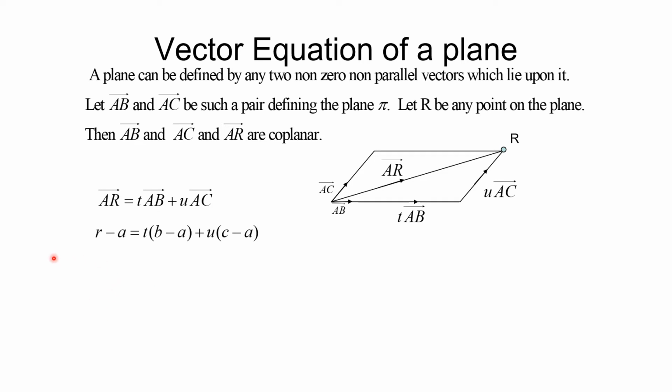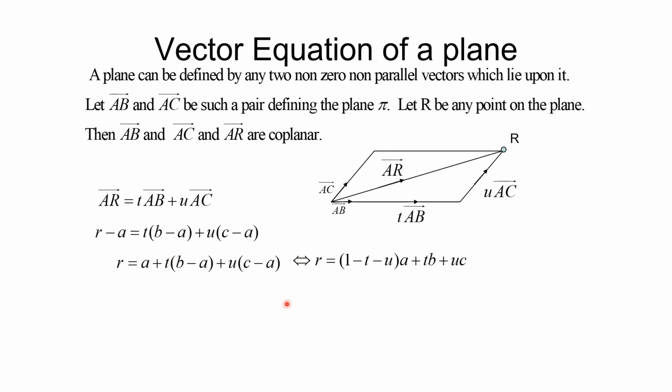And next, we will use the basics that AR is R minus A, AB is B minus A, and AC will be C minus A. When we substitute, we can reduce this equation to this form, bringing the A over. If we further simplify it, we can interchange it to R equals, expanding and rearranging it.